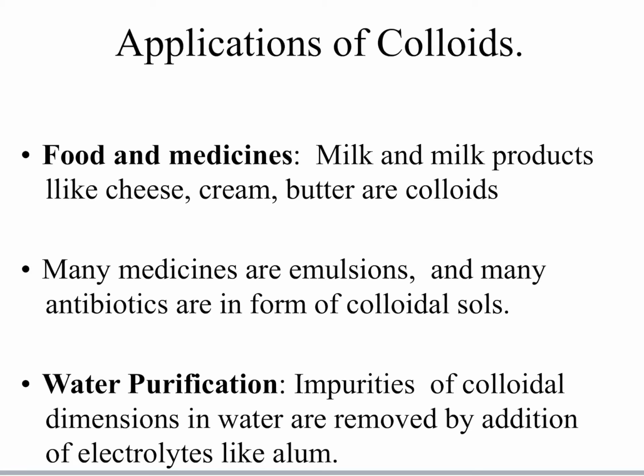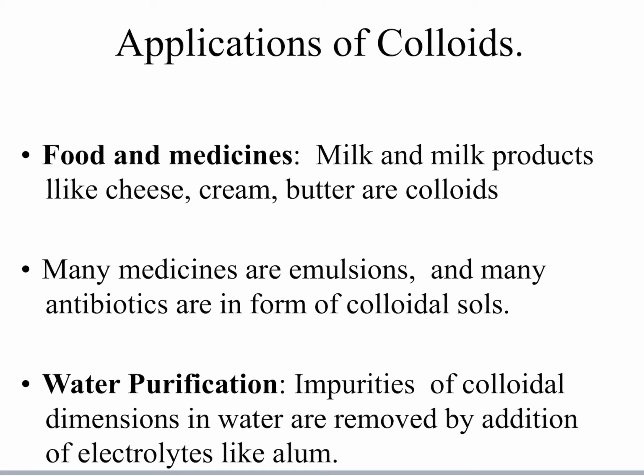Electrolytes like potassium alum, ferric chloride, etc. are added to the water, and the water is shaken well. Alum and ferric salts are all electrolytes. We have just learned that all particles of the dispersed phase carry an identical charge.